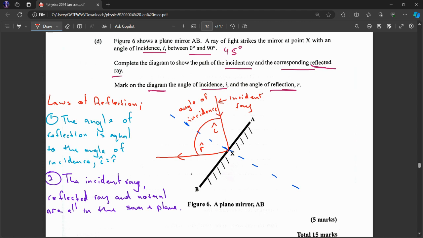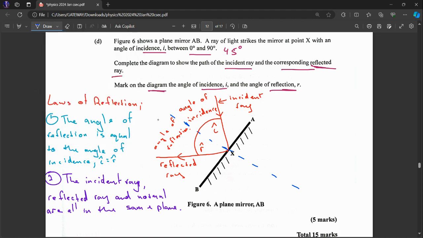So put your arrows as well. This comes out, this goes in. So this will be the reflected ray, and this will be the angle of reflection.